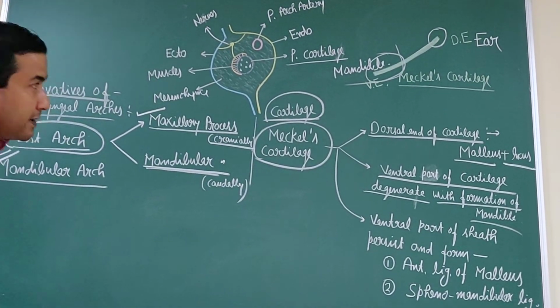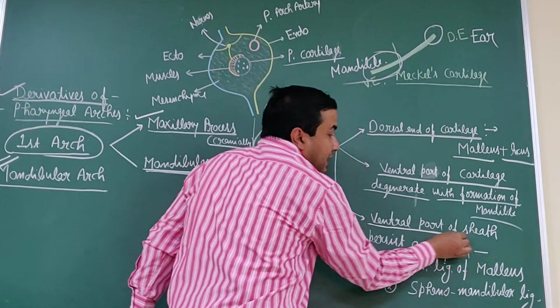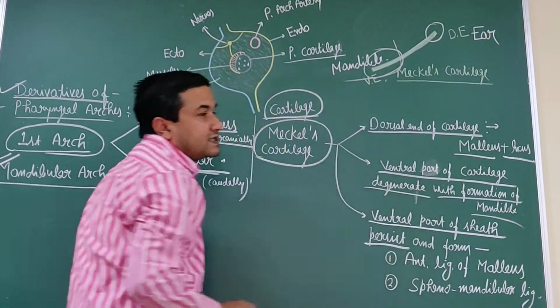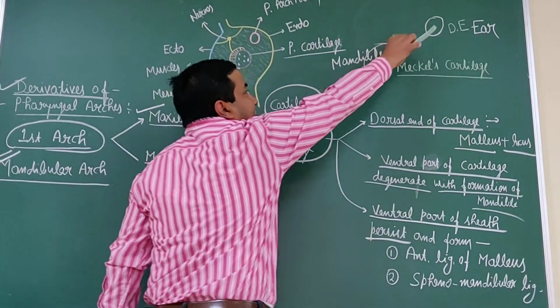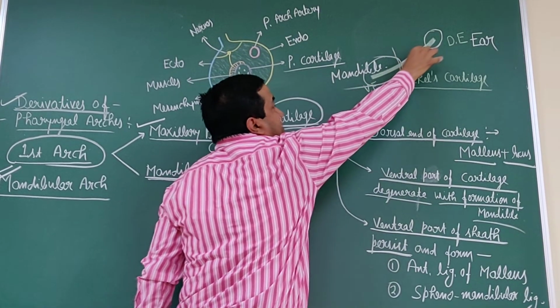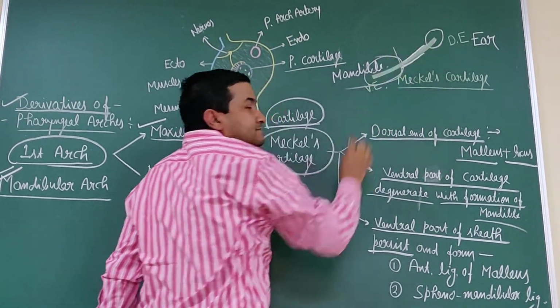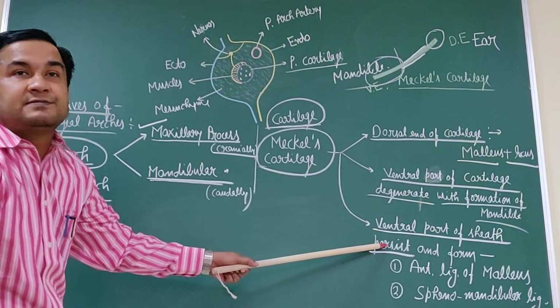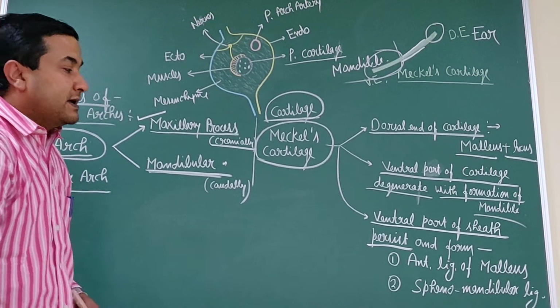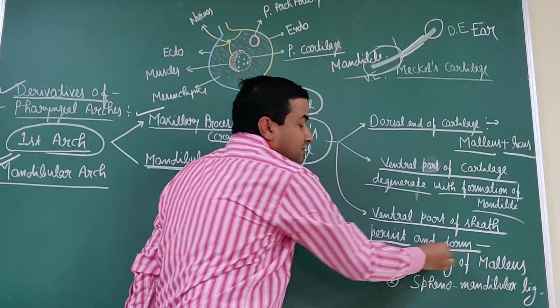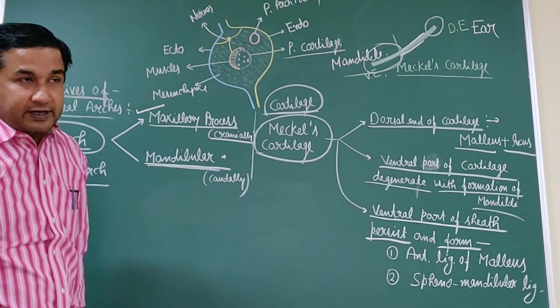But the ventral part of the sheath persists. The sheath is the perichondrium layer. This perichondrial sheath persists, remains and forms two important ligaments.